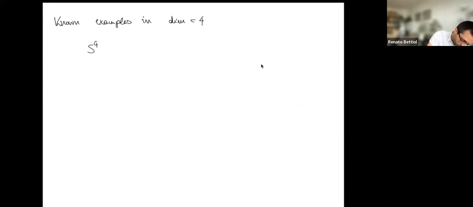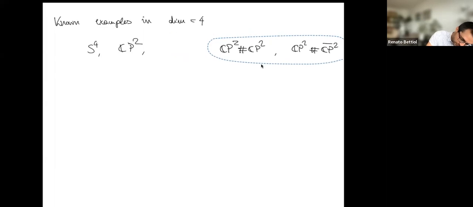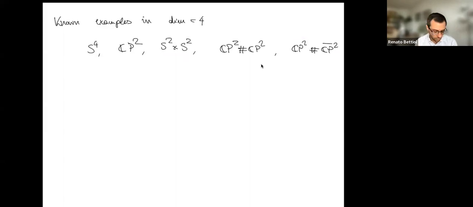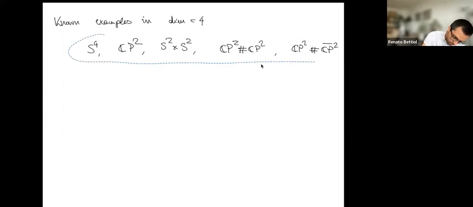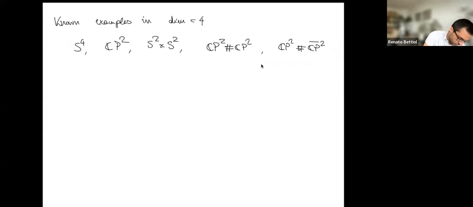We know that S4 admits such metrics, CP2 admits such metrics, CP2 connected sum CP2, CP2 connected sum CP2 bar, and S2 cross S2, which maybe I should list before these. And that's it. These are the only manifolds we currently know to have non-negative sectional curvature.